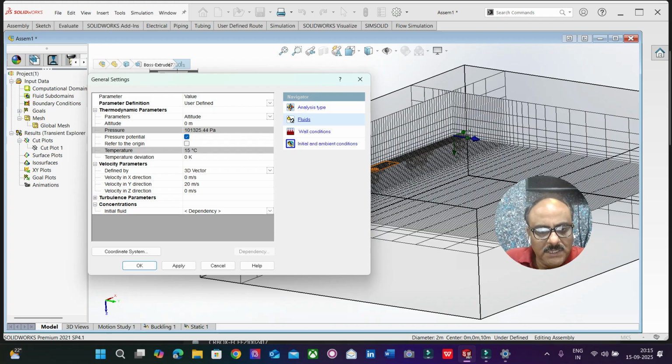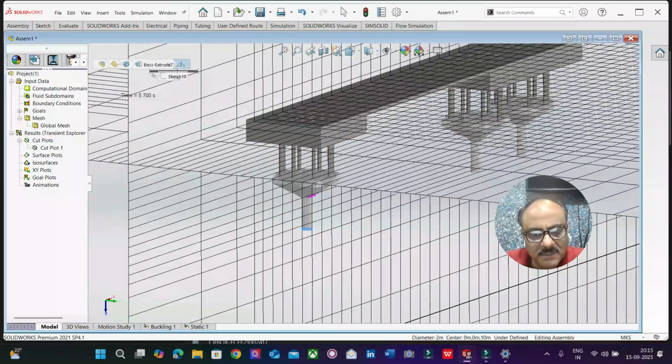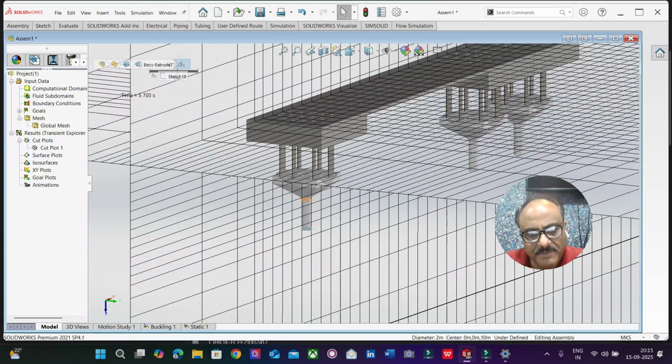Okay, so now all the systems and everything we have defined. And now we are going to define that the parameter is going to be varying with respect to altitude. Why we are taking it as an altitude is, this is the base of the pier, and this is the top of the pier cap. This is the pier wall, this is the pier cap, and this is the top of the superstructure, that is the bridge deck.